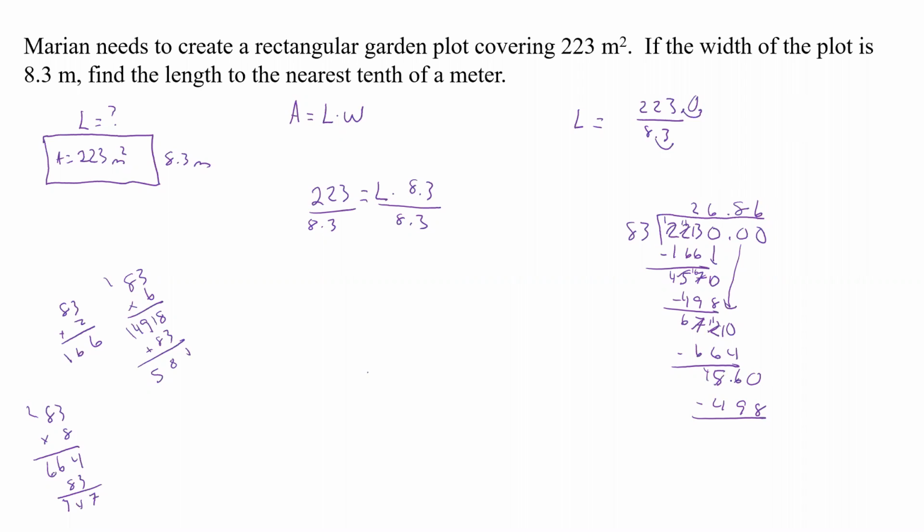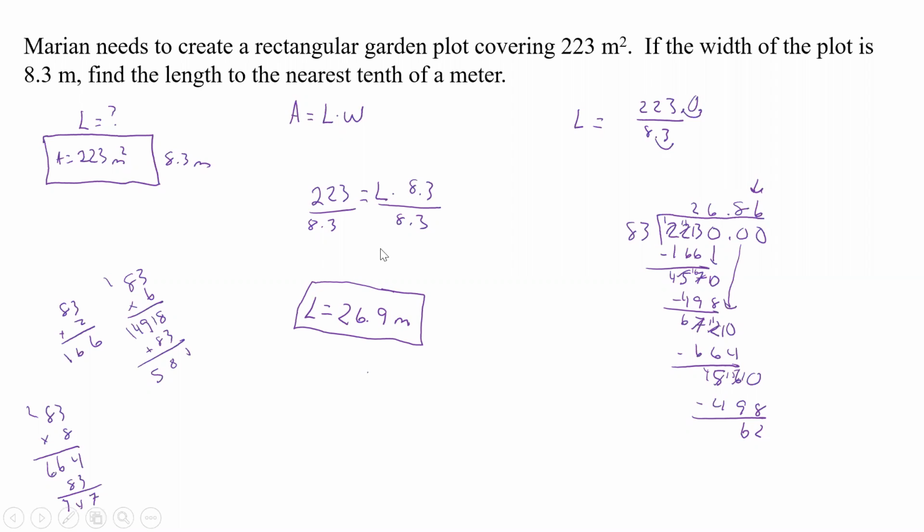Subtract, that's a 4, that's a 15, so 10 minus 8 is 2. 9, 10, 11, 12, 13, 14, 15 is 6, and that's less than, and so we should be done because we want it rounded to the nearest tenth. So our rounding digit is a 6. That's bigger than 5, so we're going to round that up. And so it looks like L is going to be 26.9 meters.